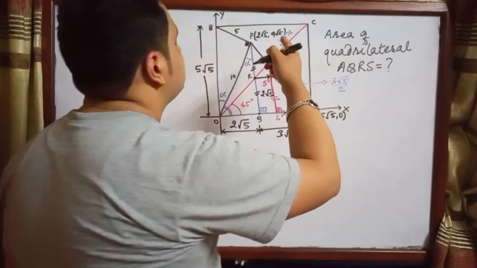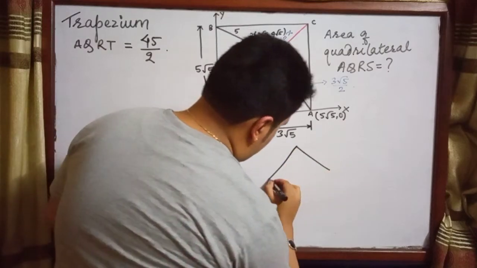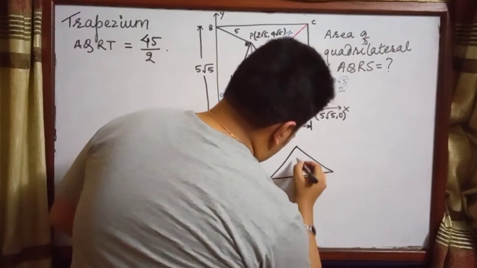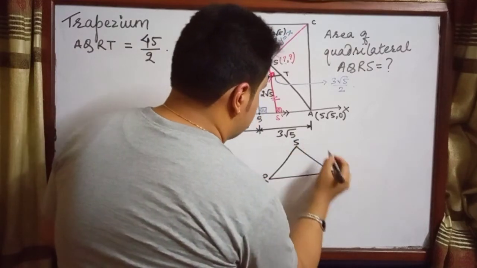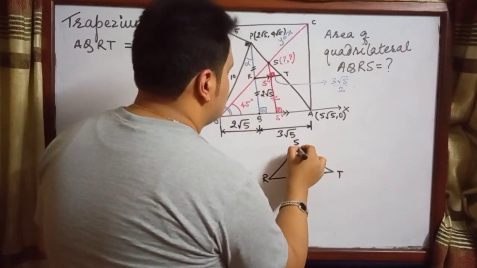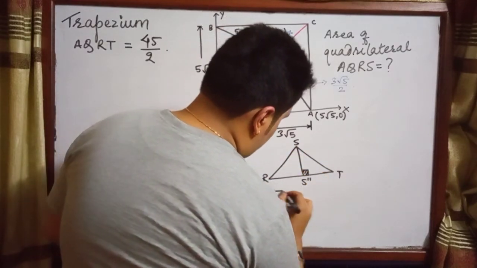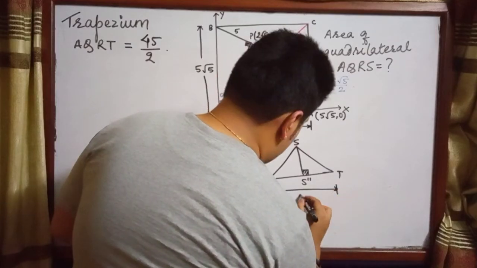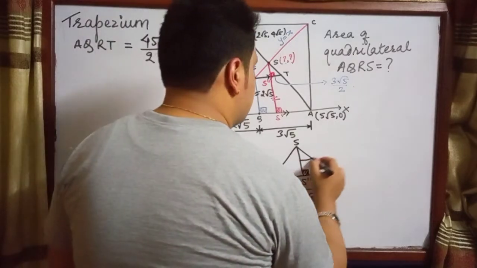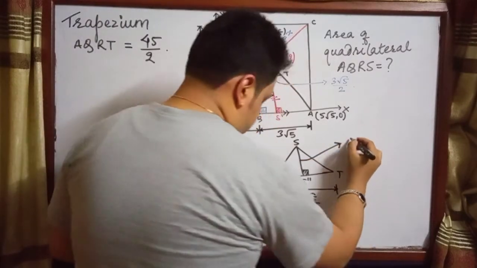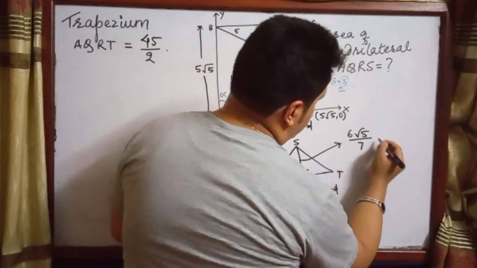Okay, now, yeah. R S T S double dash. This length was 3 root 5 by 2, and this length we just calculated to be 6 root 5 by 7.